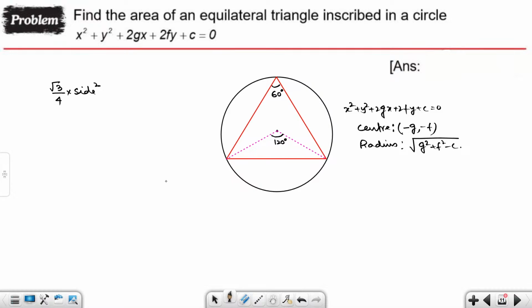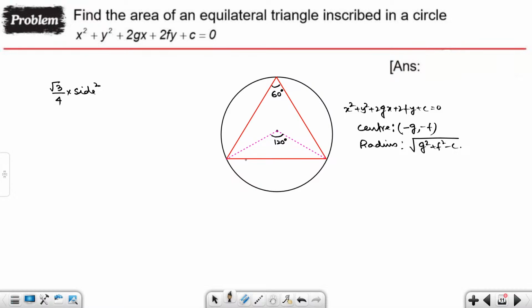So how to find out the side? How to find out the side of this equilateral triangle? Think about it. You know the radius, you know the center. How to find out the side of this triangle?